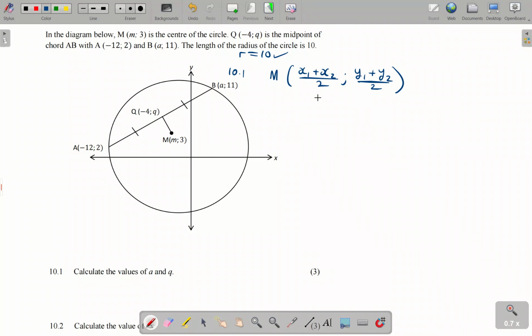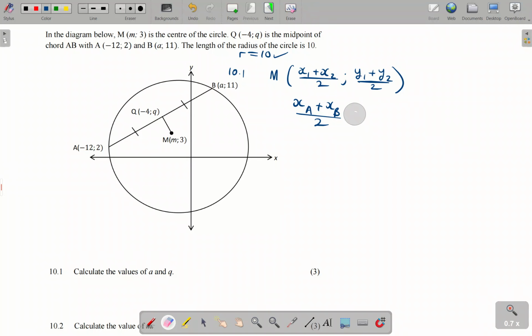Remember, this gives us the X value of the midpoint and the Y value of the midpoint. Since you have those, you're just going to equate it with this part of X. So this is the X of A plus the X of B all over 2.